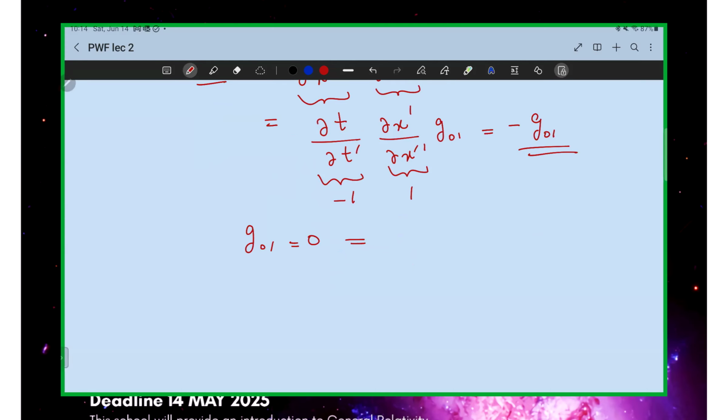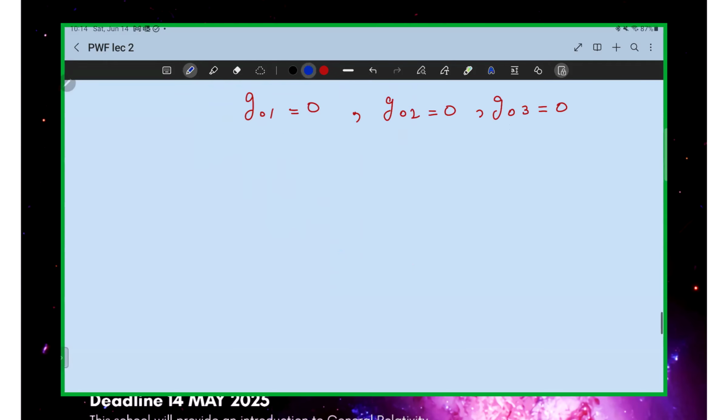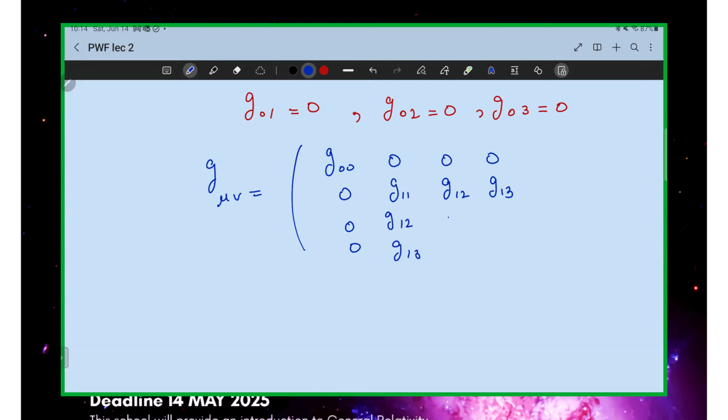And you can give a similar argument to show that G02 is 0, G03 is 0. Which means that now the metric tensor has become something like this: G00, 0, 0, 0, 0, G11, G12, G13, 0, G12, G13, R squared, 0, R squared sine squared theta.